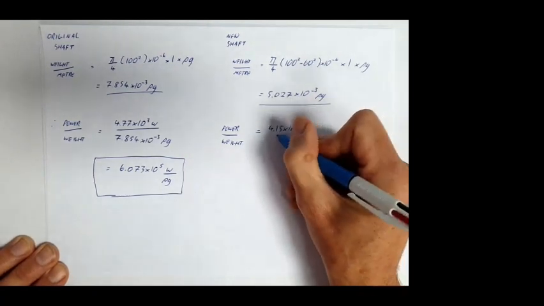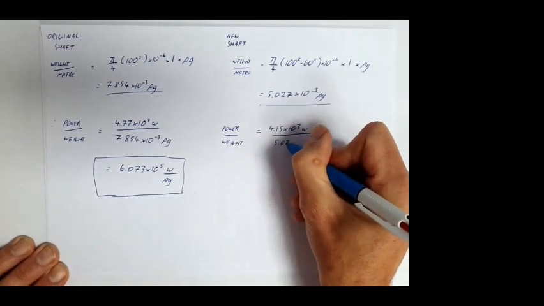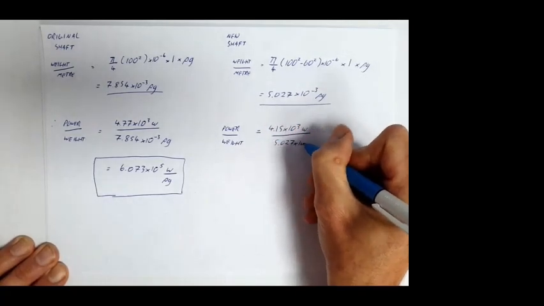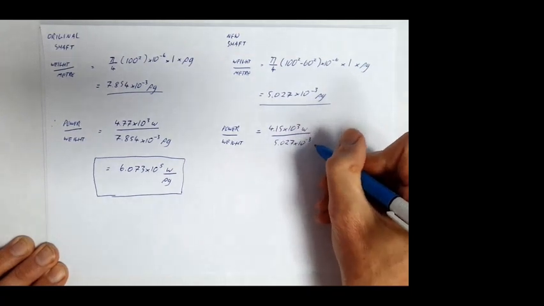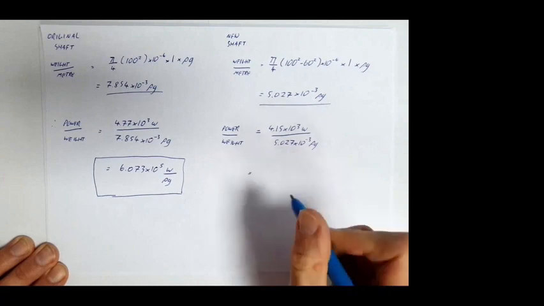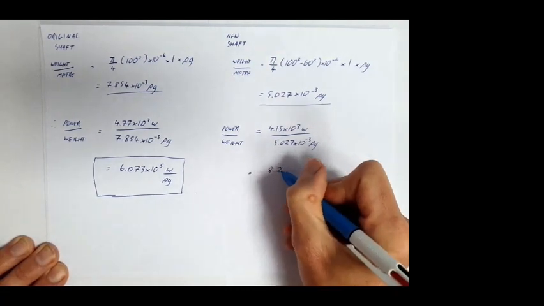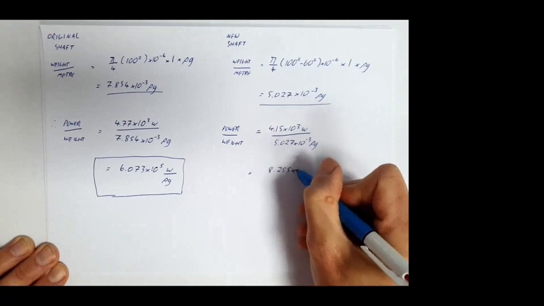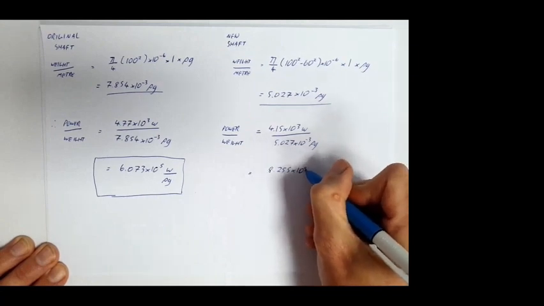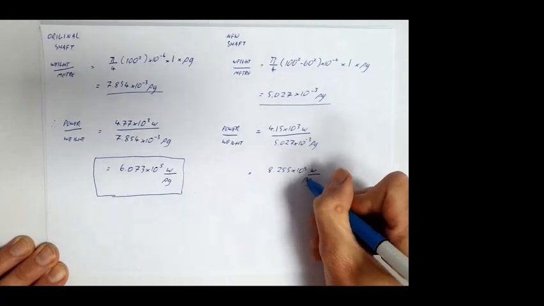Times omega divided by 5.027 times 10 to the minus 3 rho g. So for our new shaft, we've got 8.255 times 10 to the 5 omega over rho g.